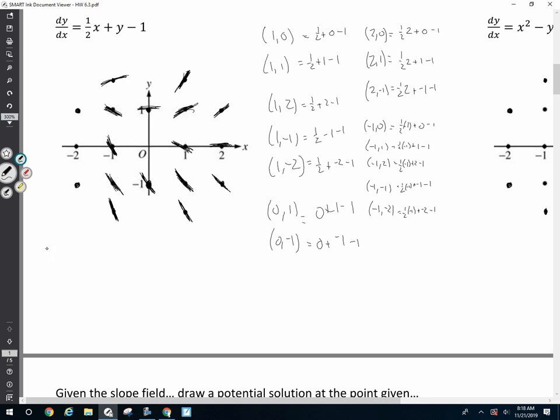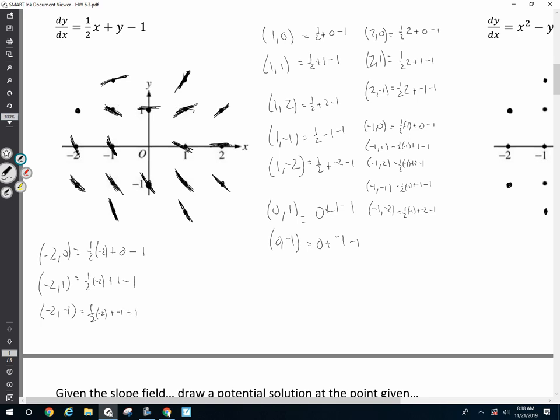All right, a couple more to go. Negative 2, 0, negative 2, 1, negative 2, negative 1. 1 half, negative 2 plus 0 minus 1. So this is going to be negative 1 minus 1, which is negative 2. 1 half, negative 2 plus 1 minus 1. That'll be negative 1. 1 half, negative 2 plus negative 1 minus 1.